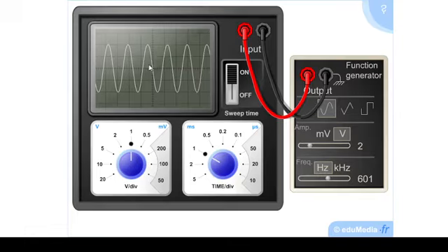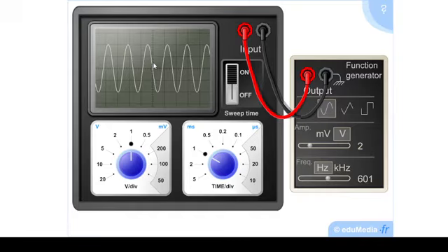Now, let us see how to take the voltage output from the CRO. For example, I give 2 volt in the function generator, and I keep the voltage per division as 1 volt per division. So, for 1 division it is 1 volt.